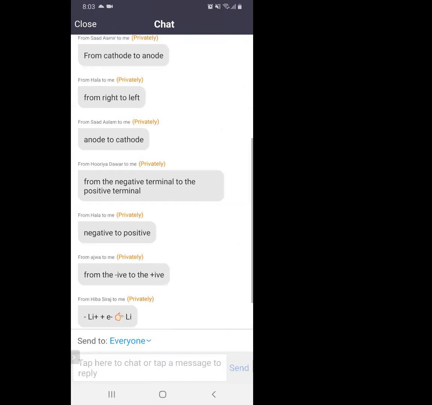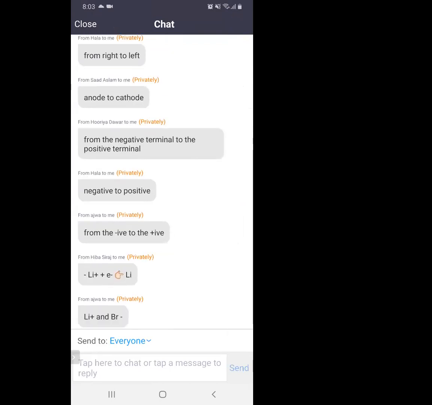Good job, Hiba. Lithium ions accepting one electron to be deposited as lithium. So this is reduction, because reduction is the gain of electrons, which will take place at the cathode, the negatively charged electrode, because cathode is the site of reduction, right?